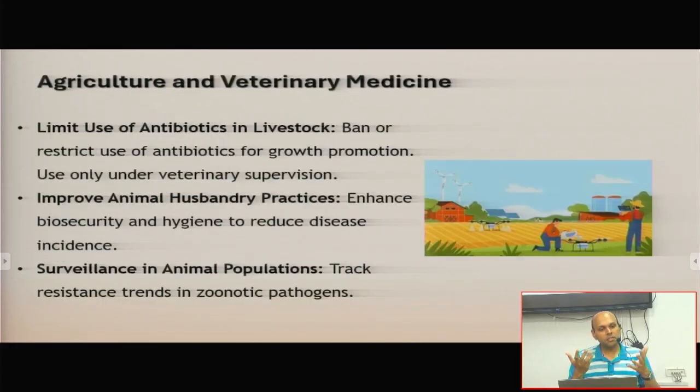On the agricultural side, I need not tell you, you already know: limiting the use of antibiotics in the sector, maybe banning or restricting them, and using them under veterinary supervision. Also improving animal husbandry practices, enhancing biosecurity and hygiene to reduce disease incidence and transmission, and tracking resistance trends in zoonotic pathogens to understand what kinds of resistance are seen.